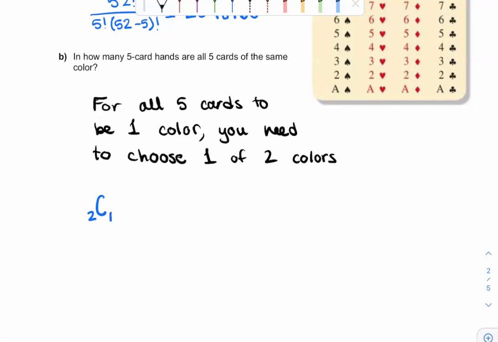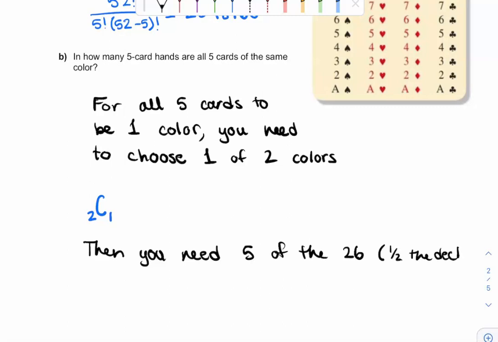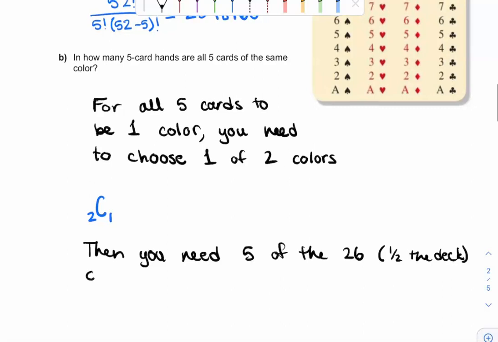Then you need 5 of the 26, and that's half the deck, because half of the deck is one color. So 5 of the 26 cards in your hand. That one would be 26 cards, choose 5.